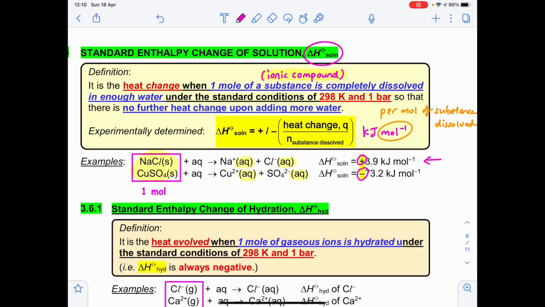It just means that it is less soluble in water compared to copper sulfate. In fact, the room temperature of the water can supply enough energy to dissolve sodium chloride, because the enthalpy change of solution is a very small positive number. It is only slightly endothermic.